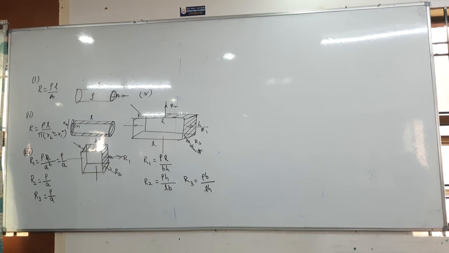Equal value of potential difference is applied between their ends. Calculate the ratio of current passing through them. Find the ratio of resistances first. Then you will get the current automatically.